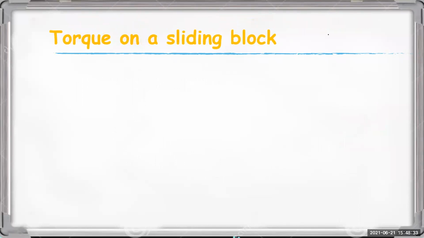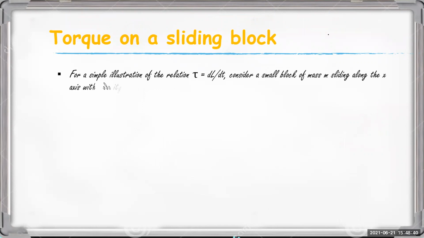Now the torque on a sliding block. Here we are taking the same example as discussed in the case of angular momentum. A small block of mass m sliding along the x-axis with a velocity v is equal to v i.